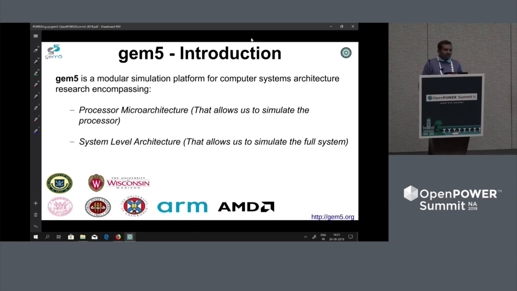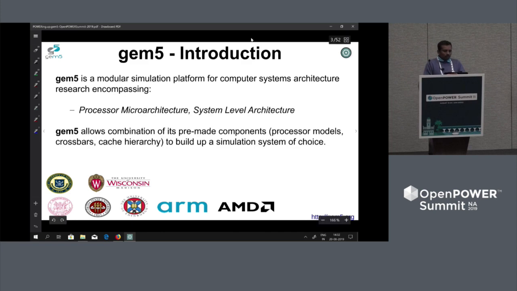There are multiple processor models that allow us to plug in the required processor model and simulate the processor at a given level of detail. Similarly, there are a bunch of I/O models and memory subsystem models so that we can plug in the required details and then build our own system and simulate the full system.